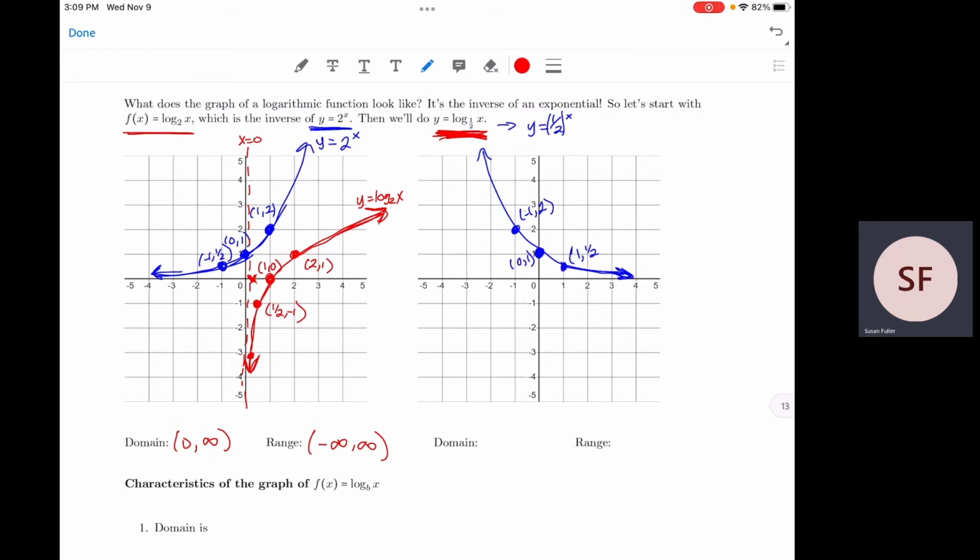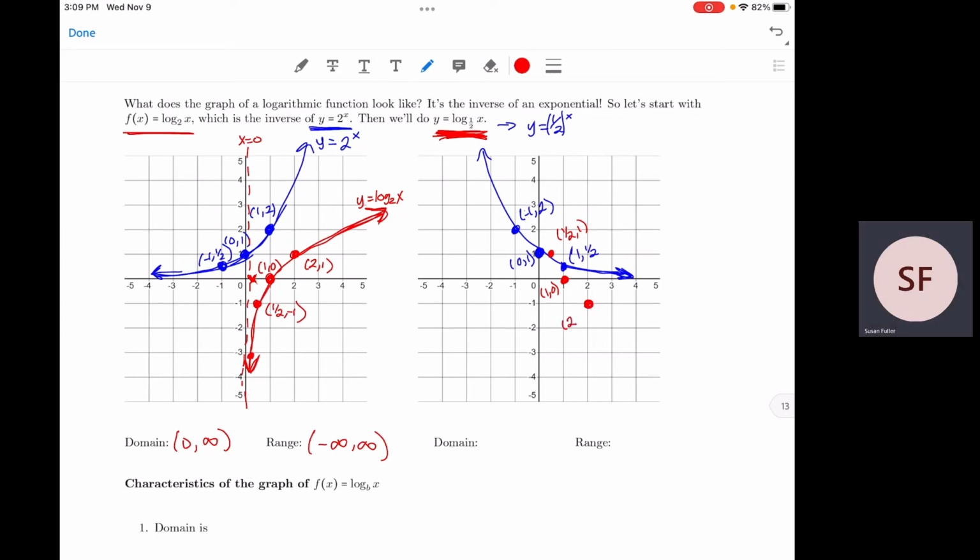So let's do that. This point 1, 1/2 goes to the point 1/2, 1. The point 0, 1 goes to the point 1, 0. And the point -1, 2 goes to the point 2, -1.